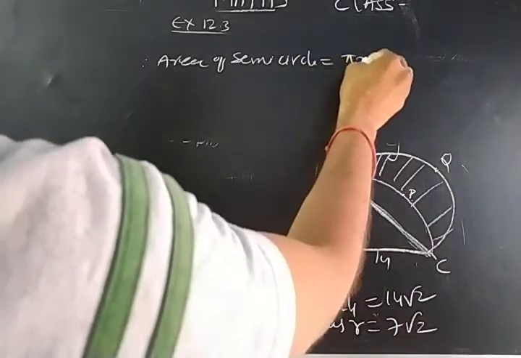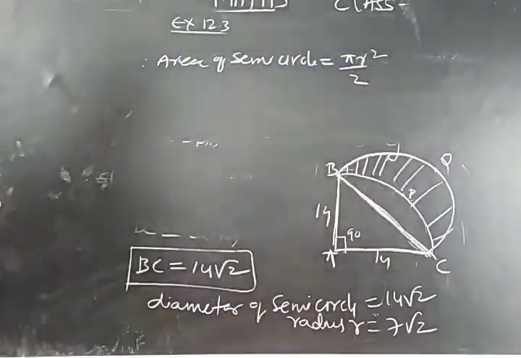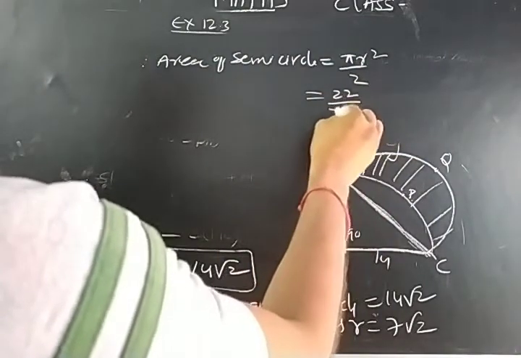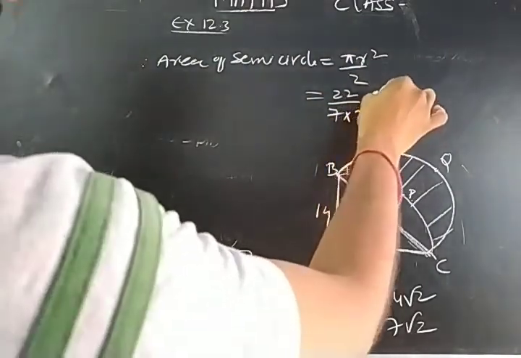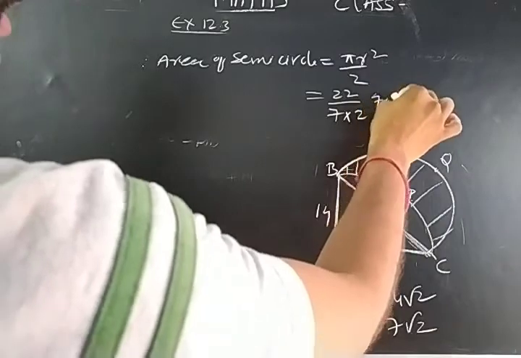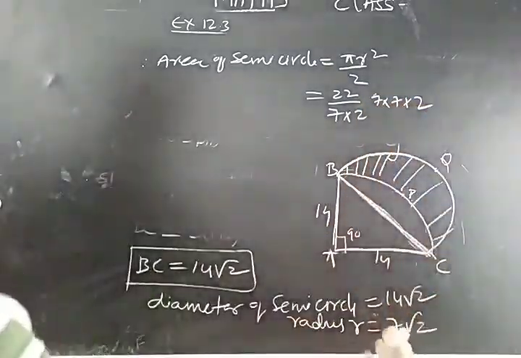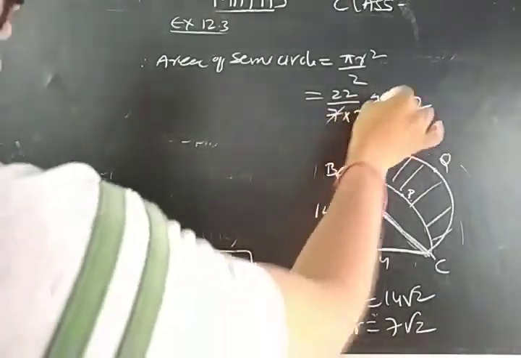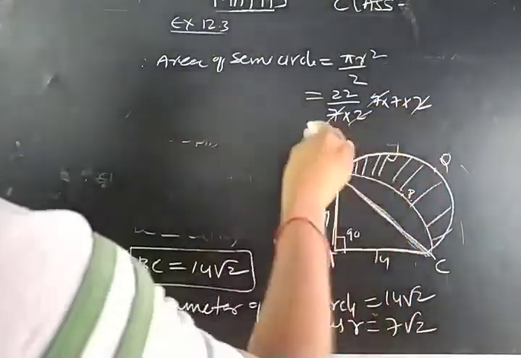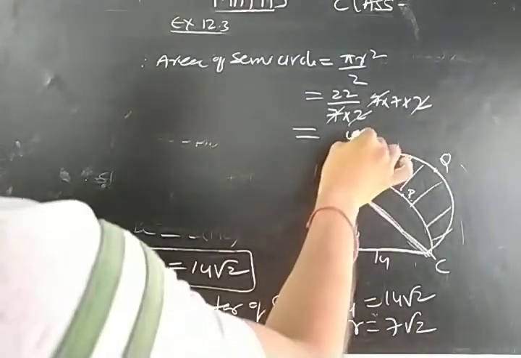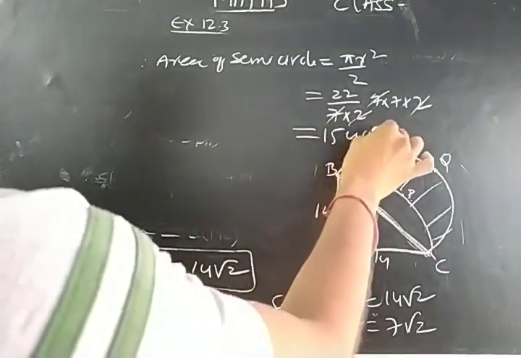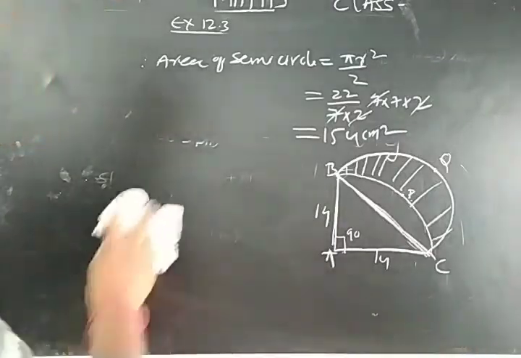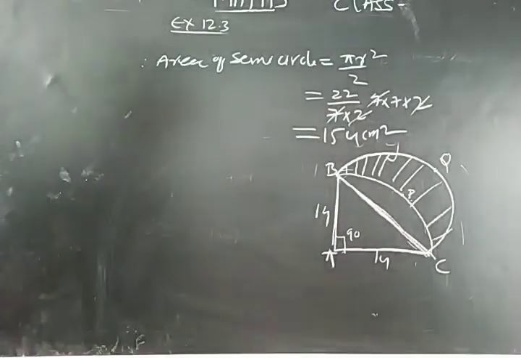The area of a semicircle is pi r squared by 2. The r value is 7 root 2. So pi is 22 by 7 into 7 into 7 into 2 over 2; the square root cancels, 7 cancels, 2 cancels. 22 times 7 is 154 centimeter squared. This is the semicircle area. I got the semicircle area as 154 centimeter squared.